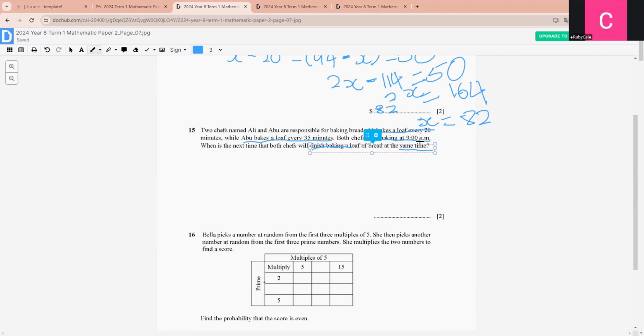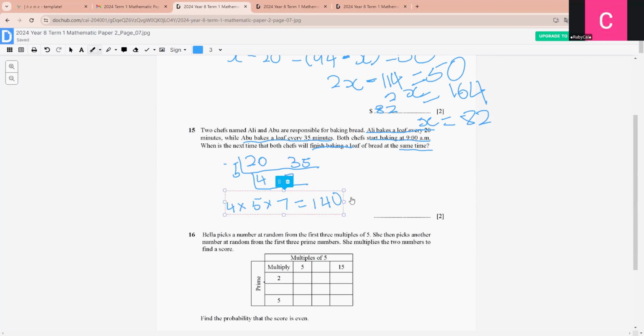So what we're looking for here is basically the lowest common multiple. So to find out, we have to take Ali's time and Abu's time and using the ladder method or whatever method you prefer to find the lowest common multiple. And the lowest common multiple is 140.